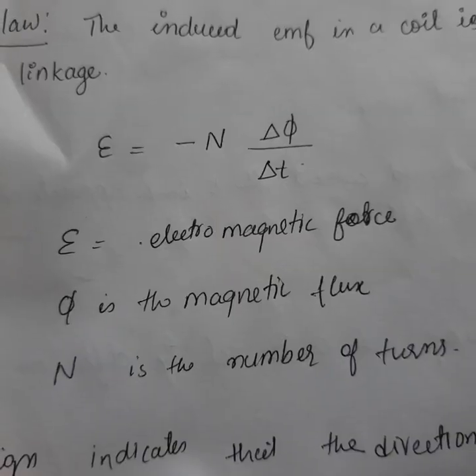The second law states that the induced EMF in a coil is equal to the rate of change of flux linkage, that is, epsilon equals minus n into delta phi by delta t. Epsilon is the electromotive force, phi is the magnetic flux, and n is the number of turns. The negative sign indicates the direction of the induced EMF.